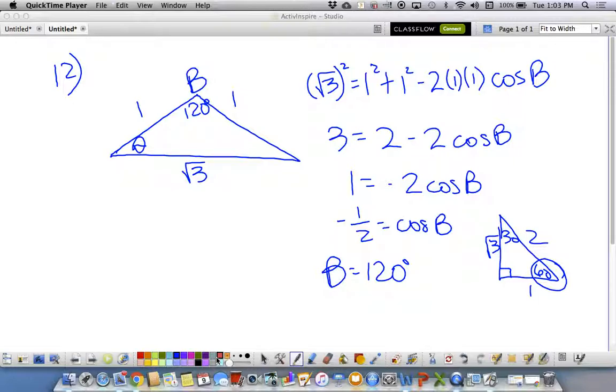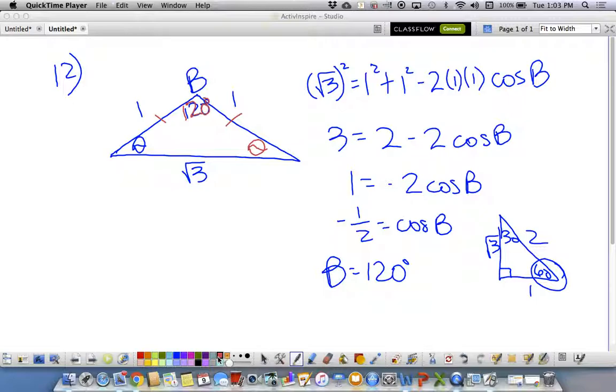What else do you know about this triangle? It has 2 equal sides. So what type of triangle is it? Isosceles. What do you know about isosceles triangles? 2 angles are the same. The 2 base angles are the same. So if this is 120 degrees, you can do the law of sines again because you know what sine 120 is.